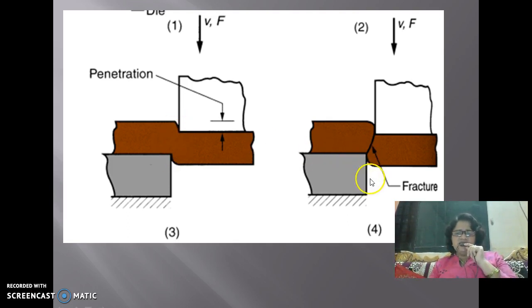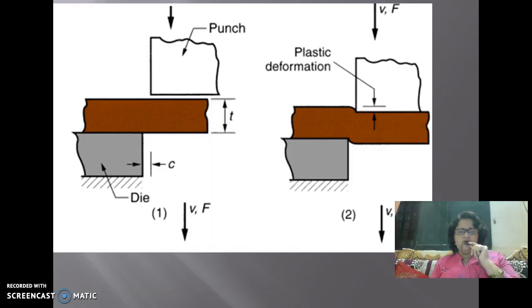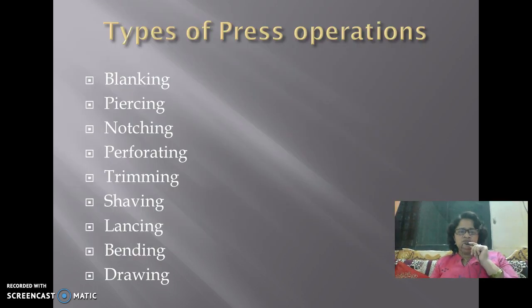In the fourth figure, this fracture comes from the die opening and the punch, and they meet each other, and then it cuts the blank. This is the basic cutting operation, or we can say shearing operation.